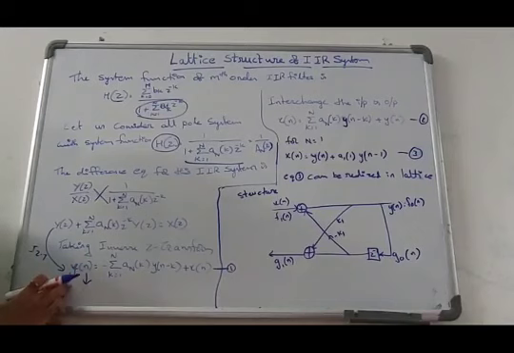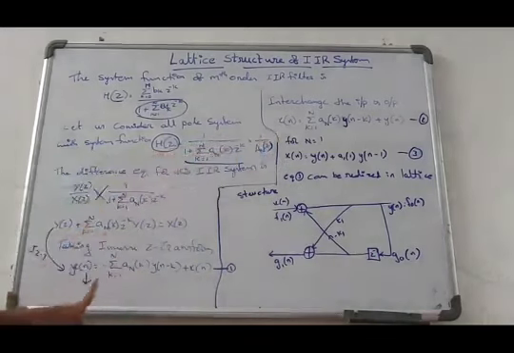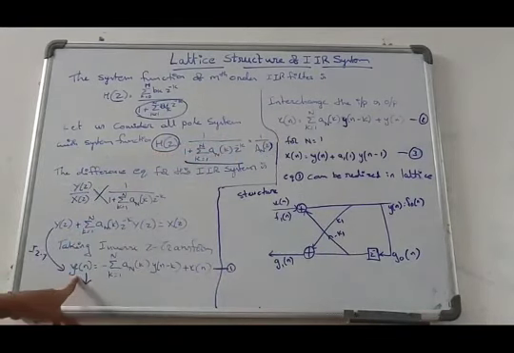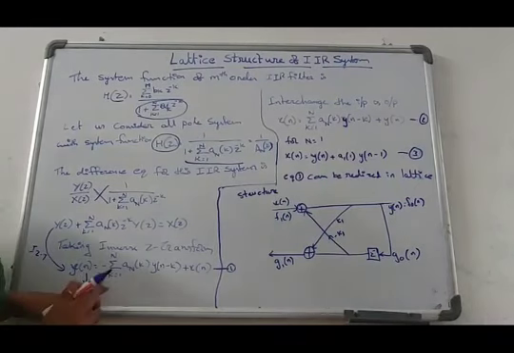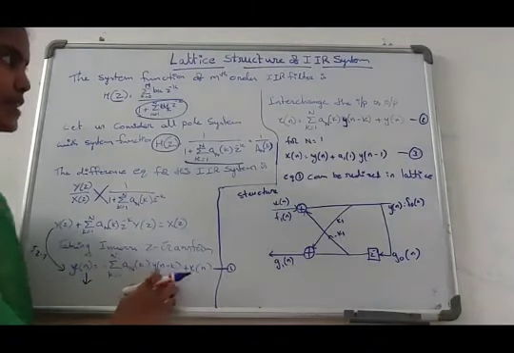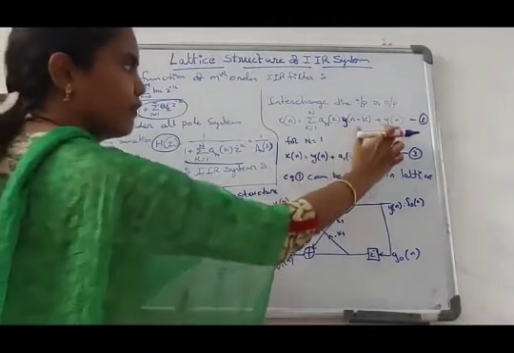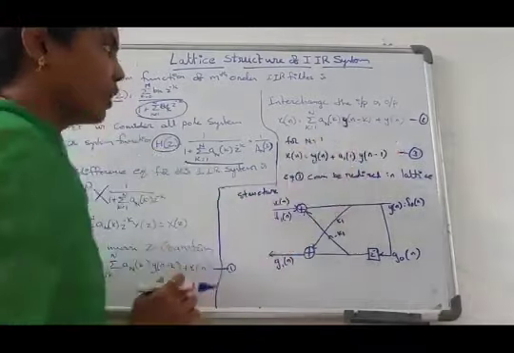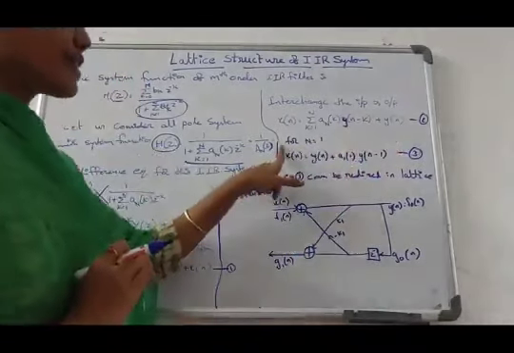So x(n) is equal to summation k equal to 1 to N of a_N(k) y(n minus k) plus y(n).